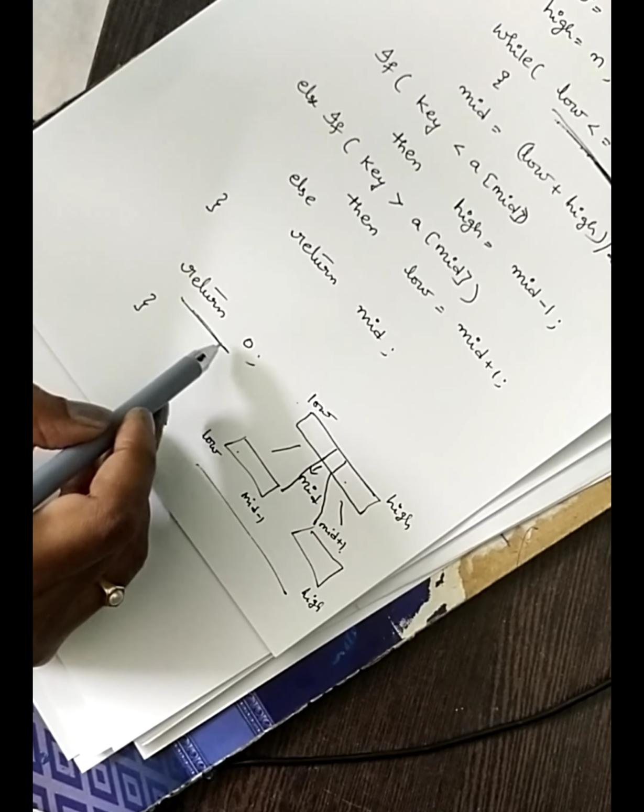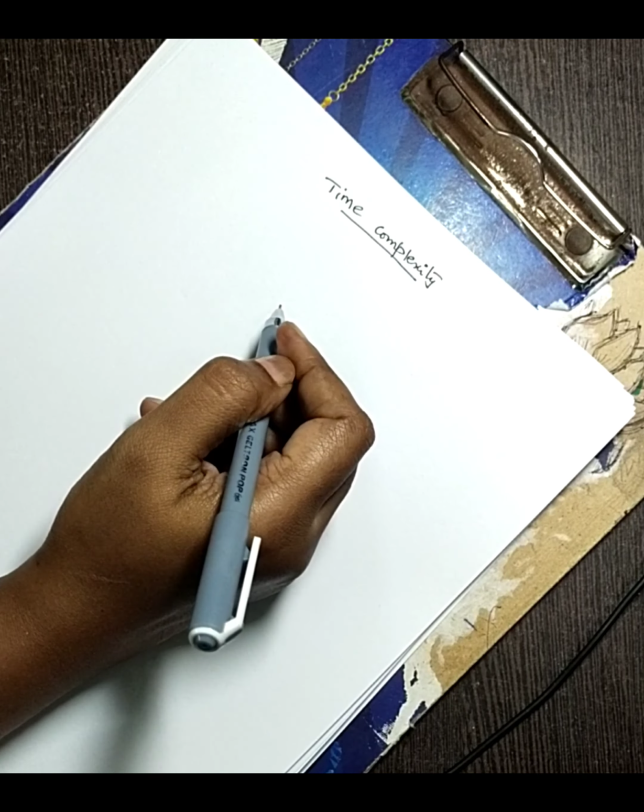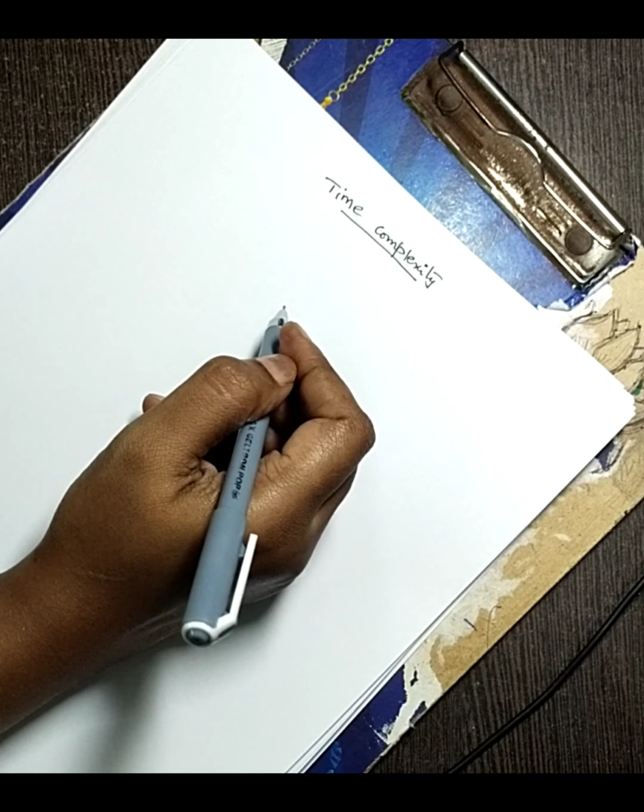Now coming to the time complexity of binary search. For the time complexity, we have to analyze three cases: best case, worst case, and average case. What is the best case? The best case is the case where we have the middle element as the key element.